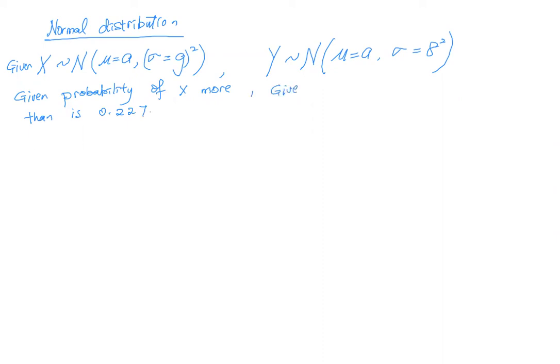Given the probability of Y more than 40 is 0.73434.